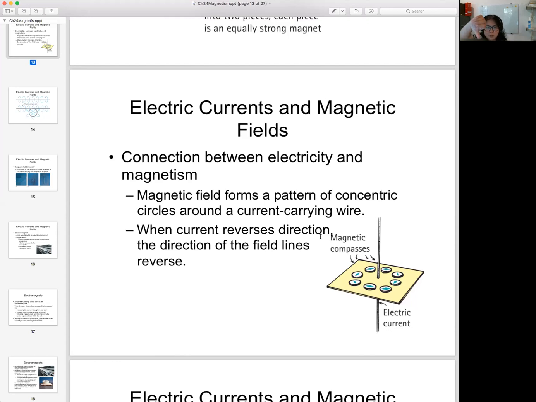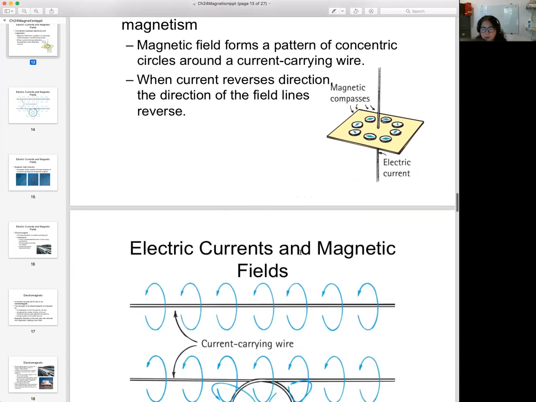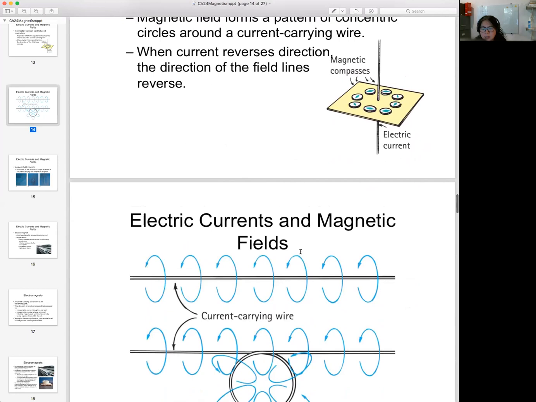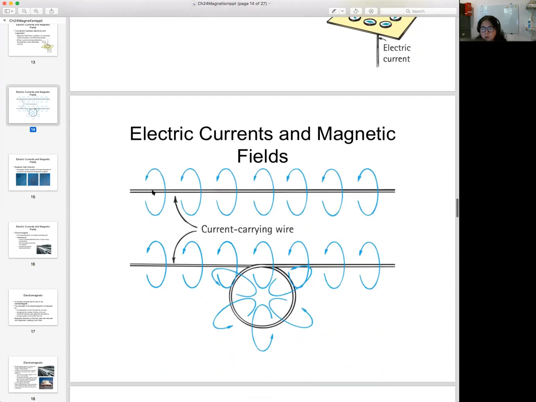And then if you turn it the other way, you see that the direction of the magnetic field also reverses. So it looks something like this. You have a straight current carrying wire, and in this one, the current is going this way and it turns this way. But I think in the video you might see it flipped.